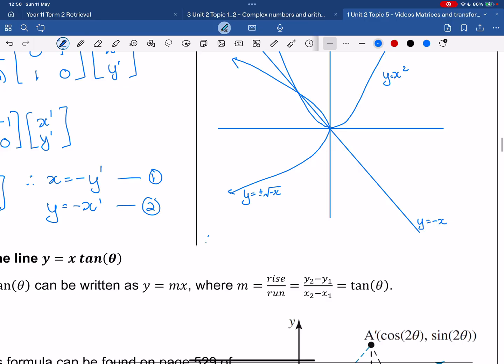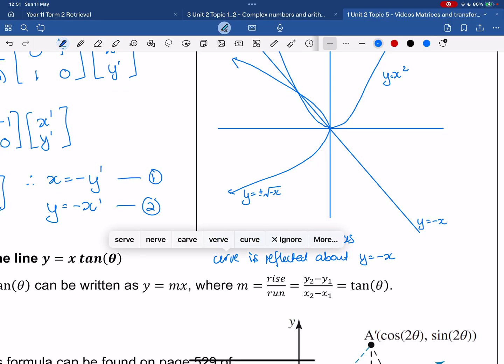And we're then going to say, therefore, the solution is verified as the curve is reflected about y equals negative x.